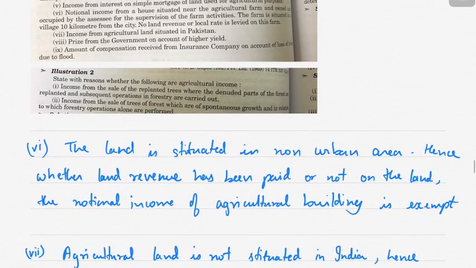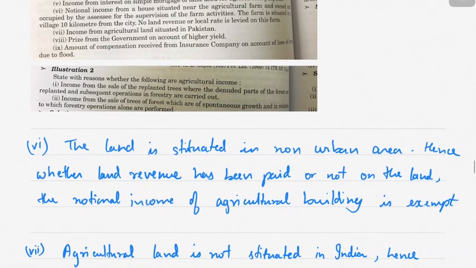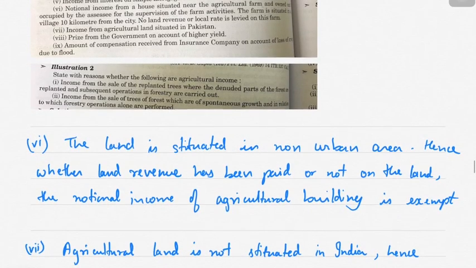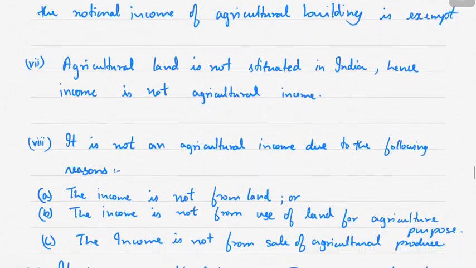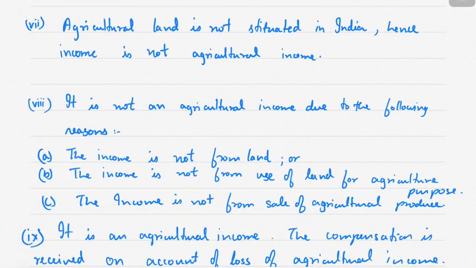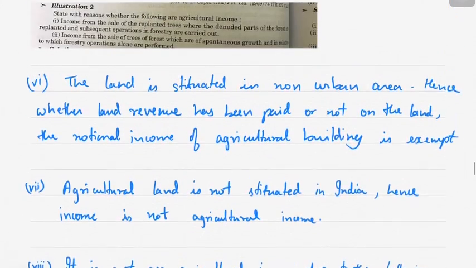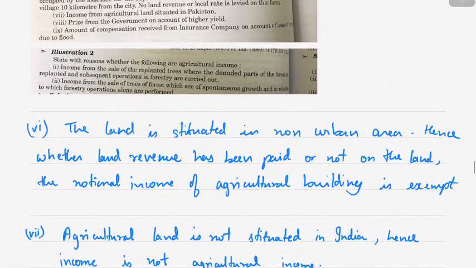Okay. Next, amount of compensation received from insurance company on account of loss of crop due to flood. It is an agricultural income. The compensation is received on account of loss of agricultural income. Okay. Next illustration.